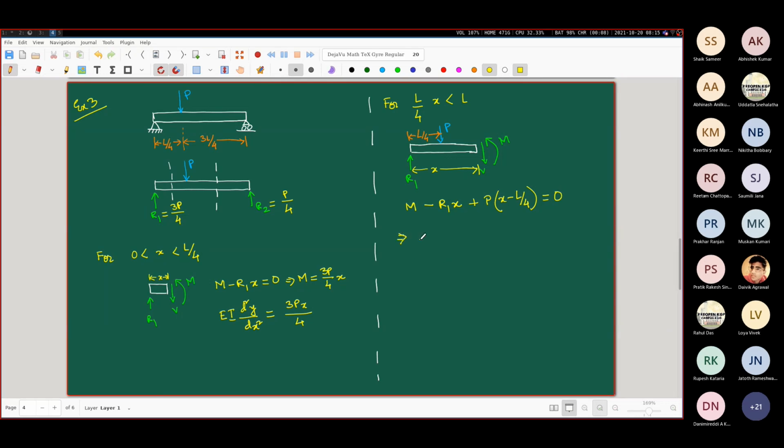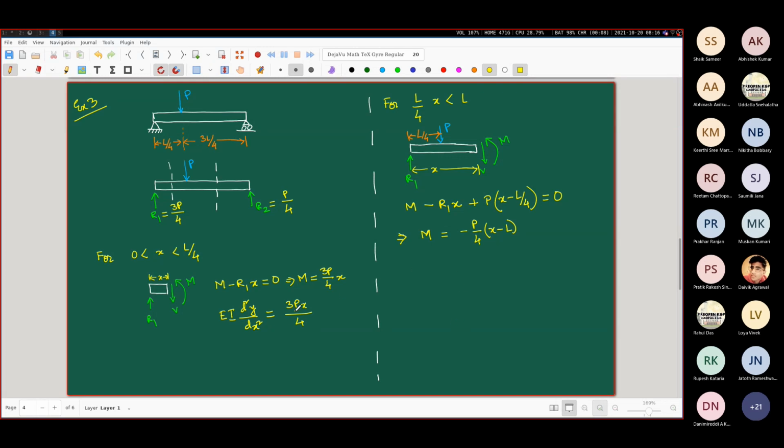So I will get a certain expression for my M. What is it? If I substitute the expression for R1, ultimately, what will I get for M? PL by 4 minus Px by 4. Yes. So that can be written as minus P by 4 (x minus L). All right.